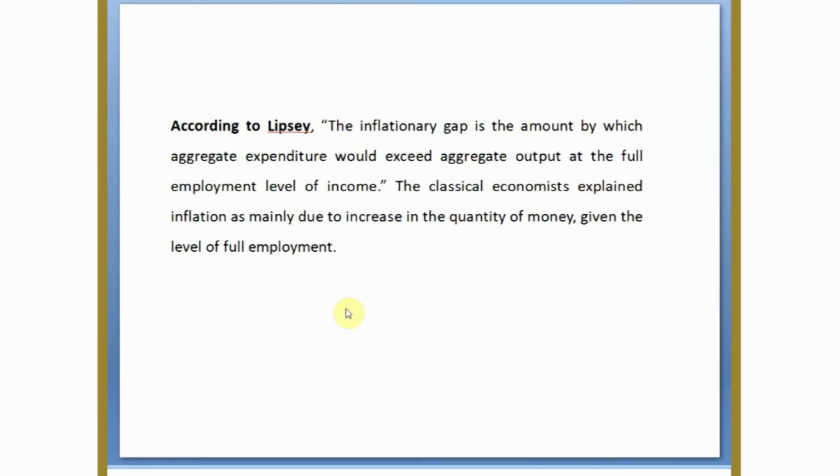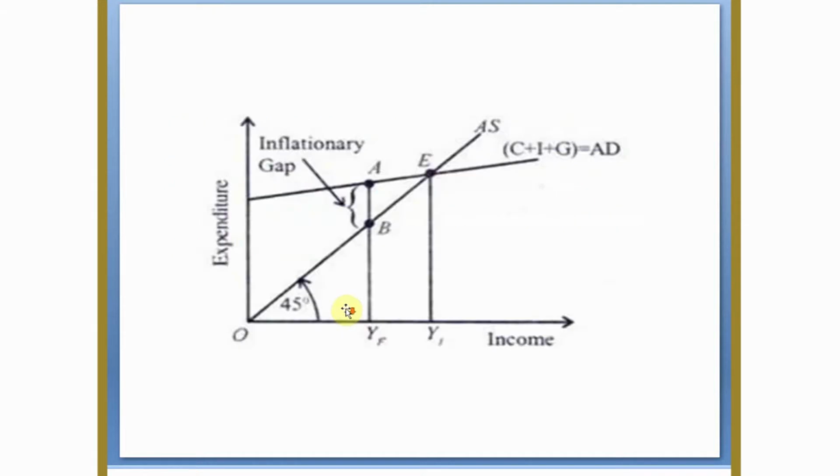The classical economists explained inflation as mainly due to an increase in the quantity of money, given the level of full employment. You can easily understand, my dear friends, this inflationary gap with the help of a diagram. The OX axis, this horizontal axis, measures the income or output level, and this vertical axis measures the expenditure.